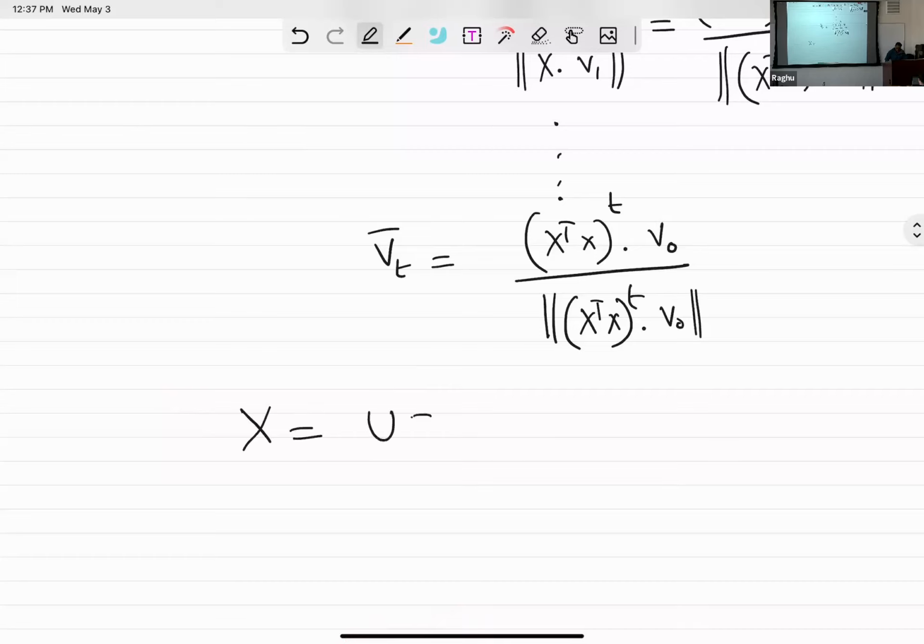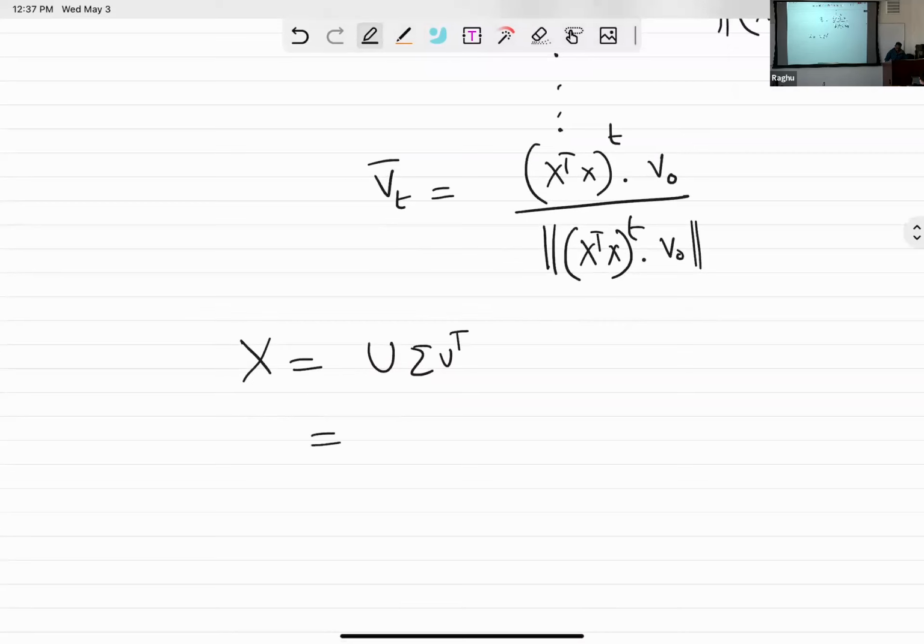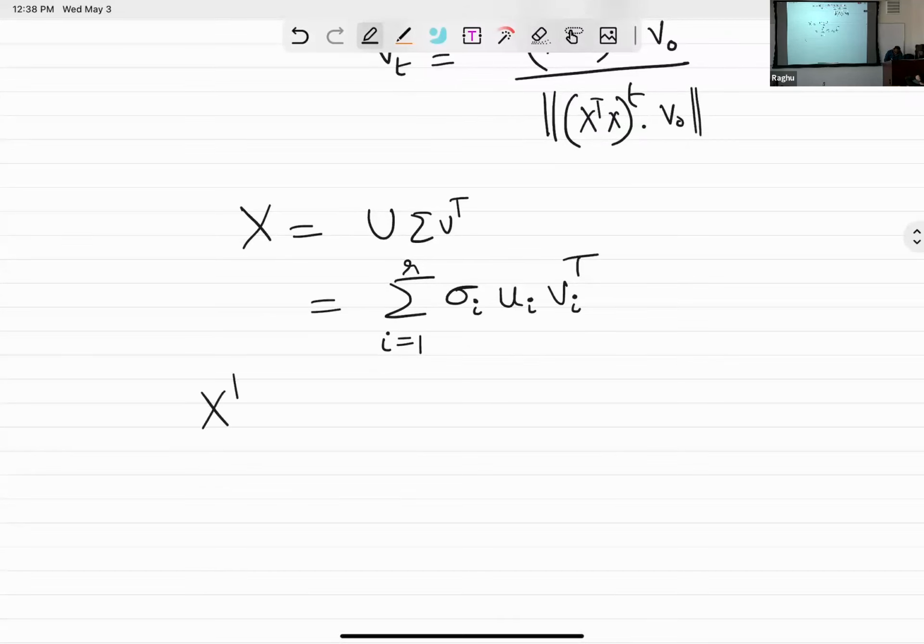So we said X was U sigma V transpose. So we could write it as a sum, and writing X this way, X transpose X is the same thing, but with sigma i squares and only the V's, because the cross terms go to 0 since the Vi's are orthonormal to each other.